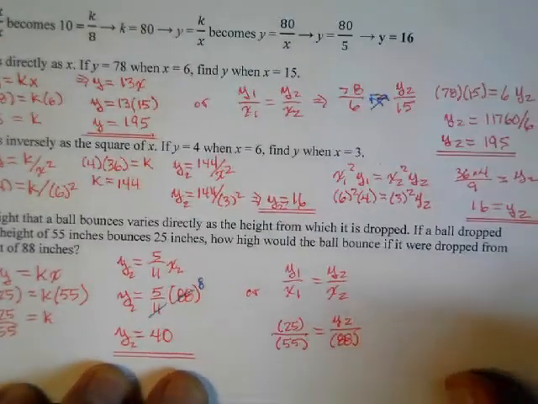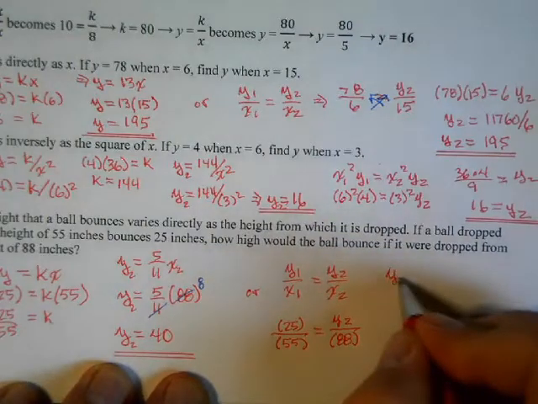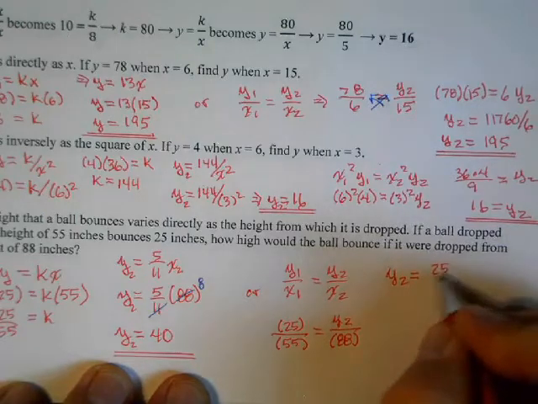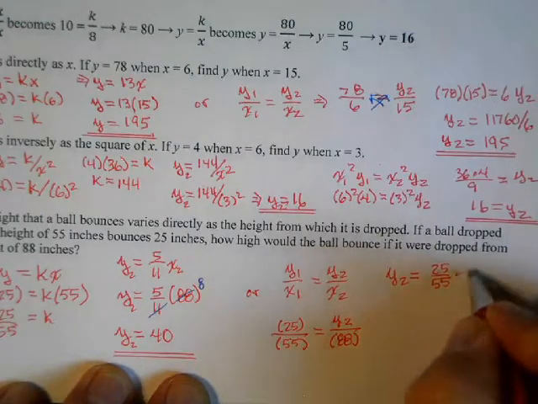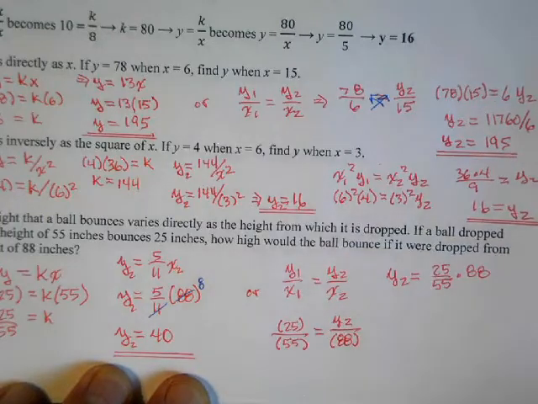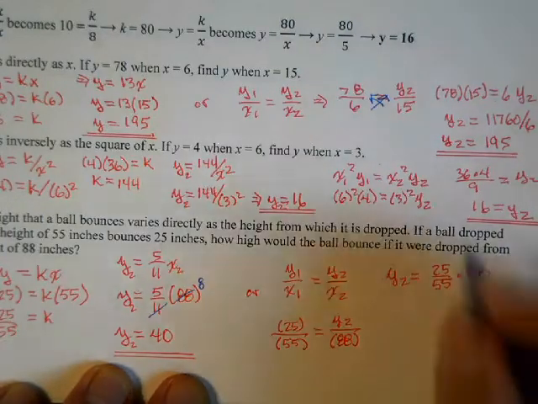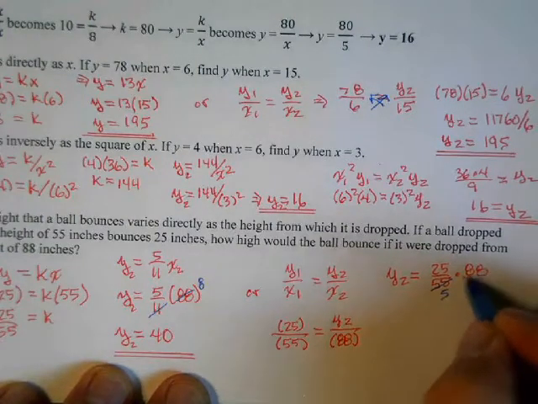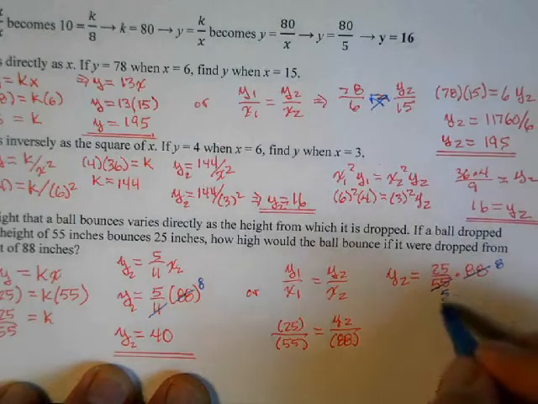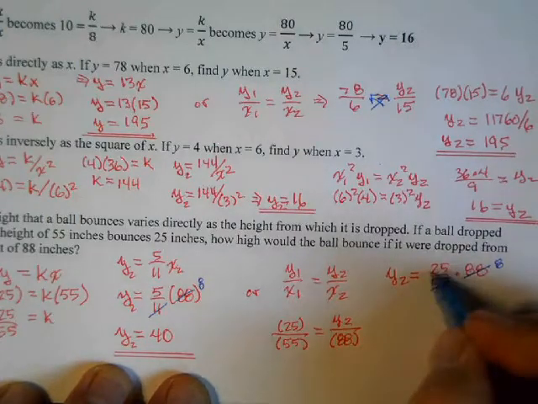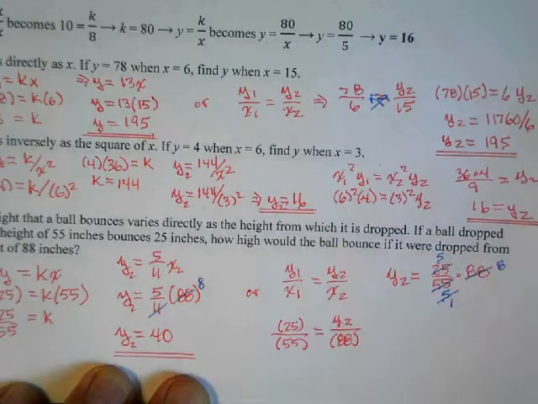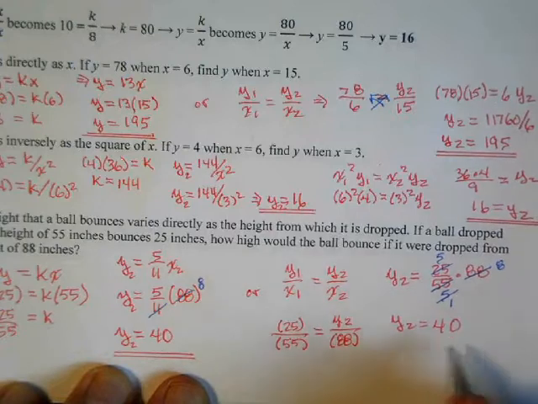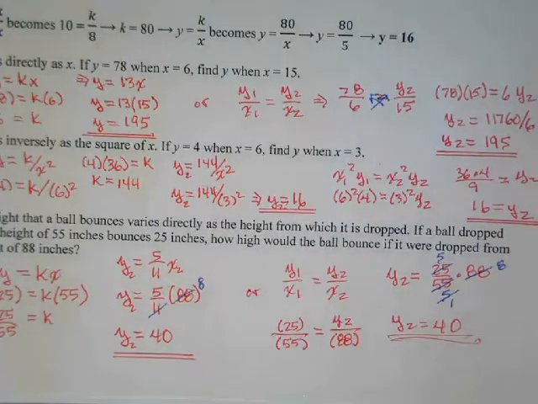Or y2 equals the 25 over 55 times 88. And of course I can cancel again. That's going to be 5. That's going to be 8. And then 5 of course goes with the 25. I'm left with 5 times 8. And so there's my same answer at the end.